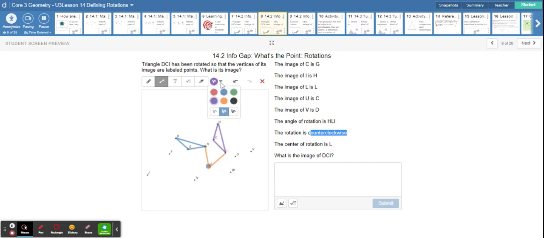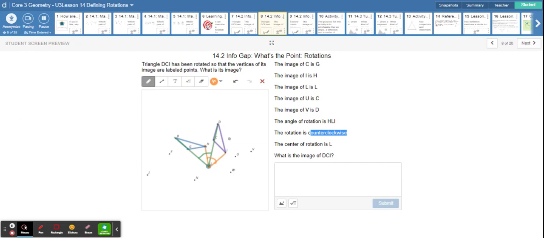If I connect D to B, you'll see it's going to be the same angle. The letters aren't the same, but the size of the angle is going to be the same. It's kind of hard to see here, but from here to here is exactly the same number of degrees as from here to here. They're overlapping, so it's a little hard. But in that math talk, you were looking for angles that are equal. Well, these angles would be equal in size.